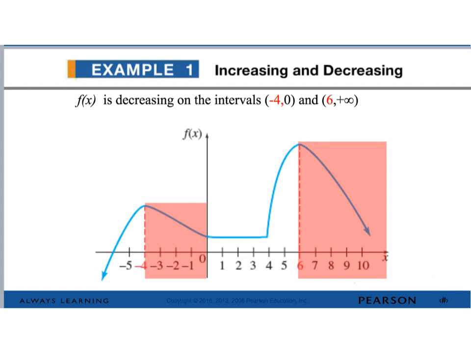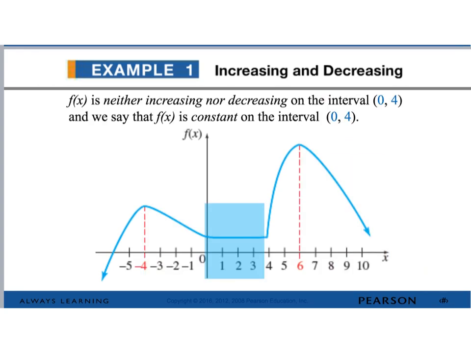We also notice that the function is decreasing on the interval from -4 to 0 because the direction the function is traveling is downhill. And it is also decreasing on the interval from 6 to positive infinity because the function's behavior is that it is traveling downhill.